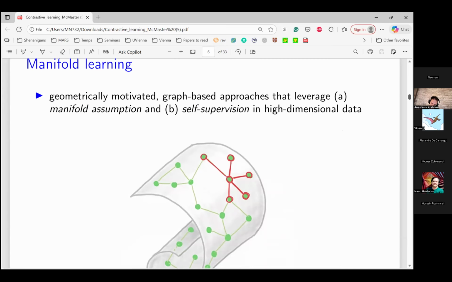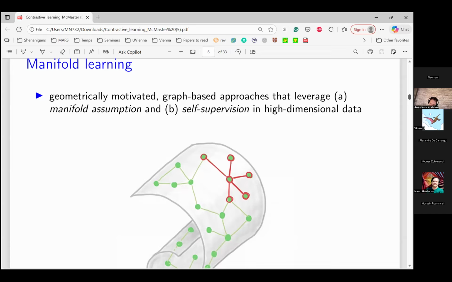The manifold assumption just means that high-dimensional data tend to lie in low-dimensional structures, and the mathematical model for low-dimensional structures is a manifold. Self-supervision in high-dimensional data means that data tend to go together. In other words, it's hard for you to see, let's say, data of a very sick person be close to data of a very healthy person.